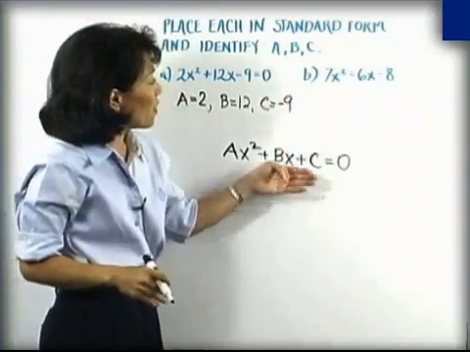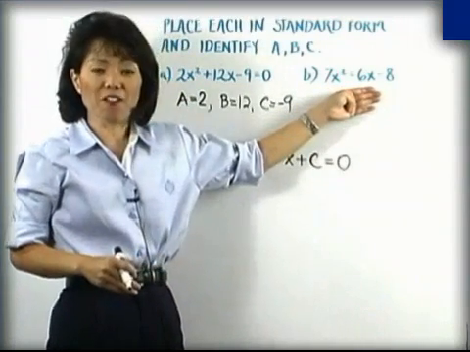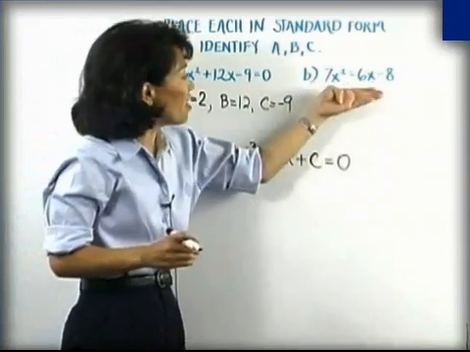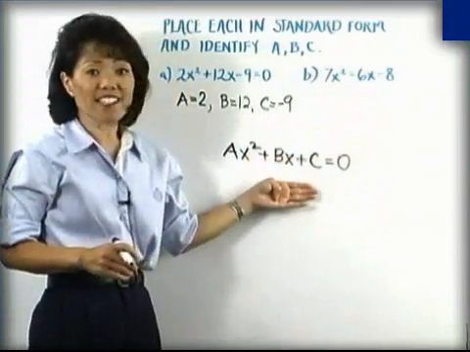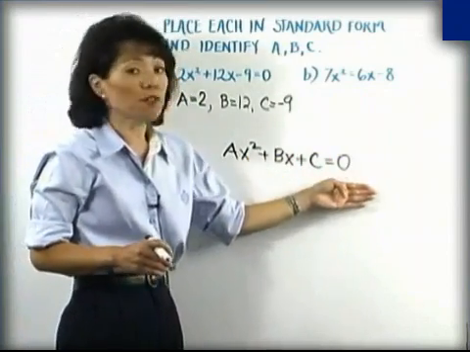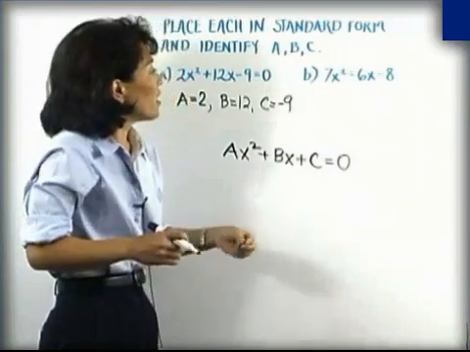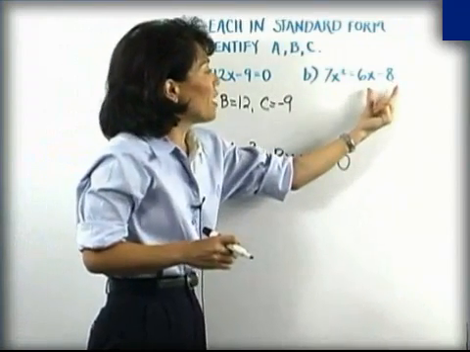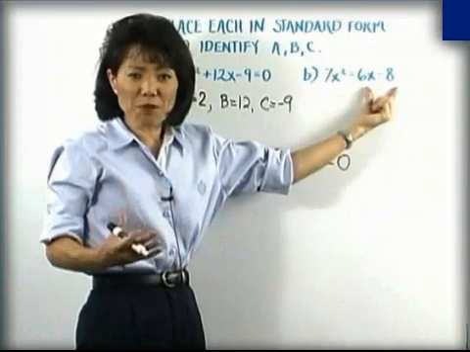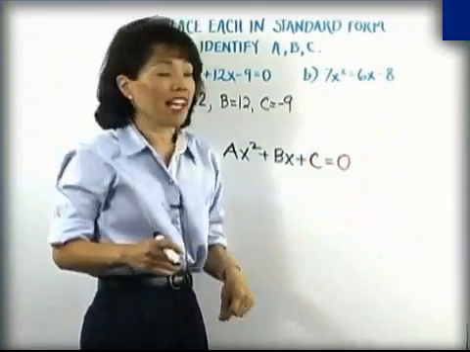Let's look at our second equation. Here we have 7x squared equals 6x minus 8. I'm sure you would agree with me that this equation is not in standard form. For one thing, we do not have 0 on either side of our equation. But we could do that pretty easily. All we have to do is subtract 6x from both sides of the equation, and at the same time, add 8 to both sides to get a 0 on the right-hand side.